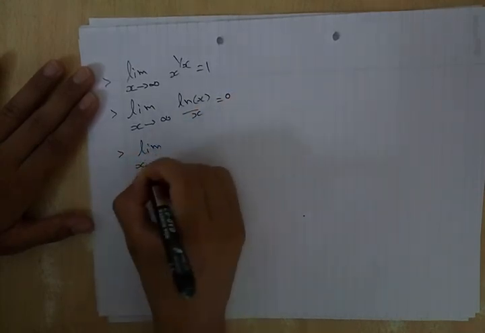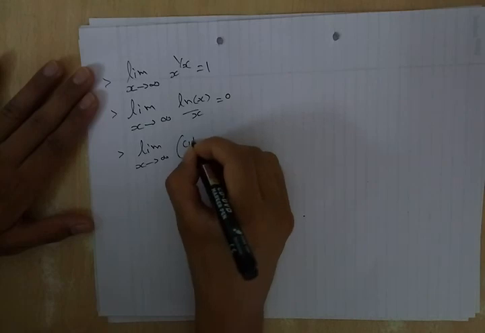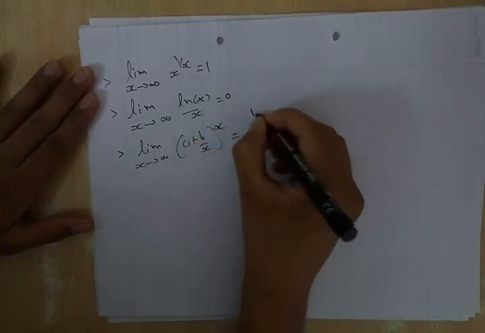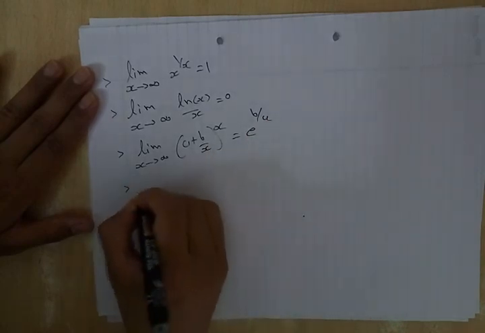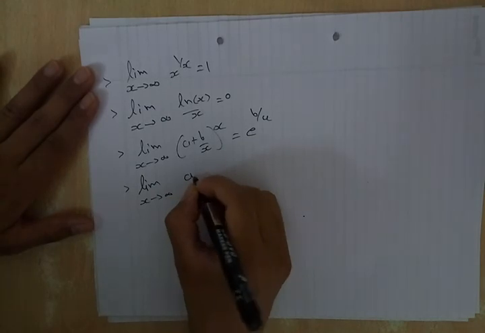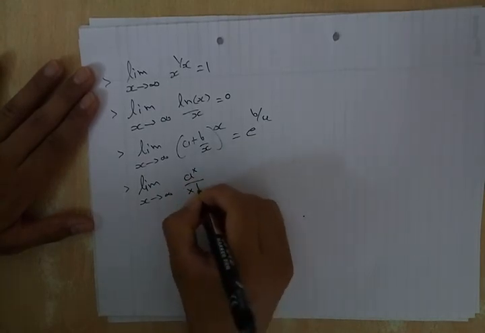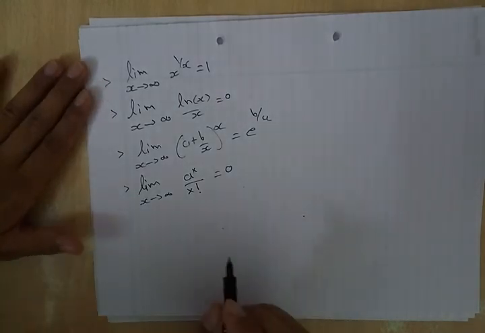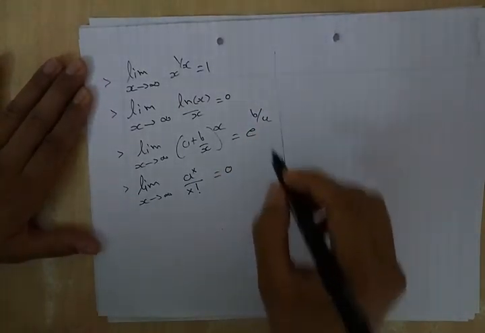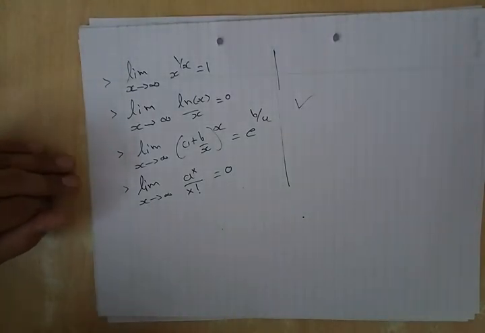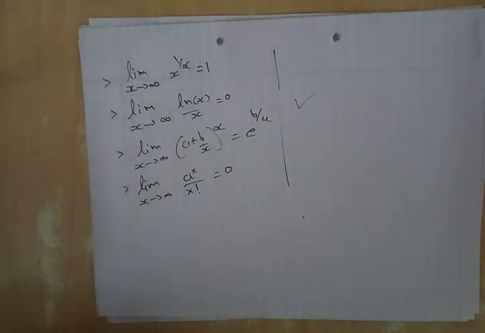Limit x tends to infinity, (1 plus a upon x) raised to x, or (a plus b upon x) raised to x, is equal to e raised to b upon a. Limit x tends to infinity, a raised to x divided by x factorial is equal to 0. So we will just remember these formulas without any proof. Now in the next video we will do some GATE examples regarding this concept of limit.